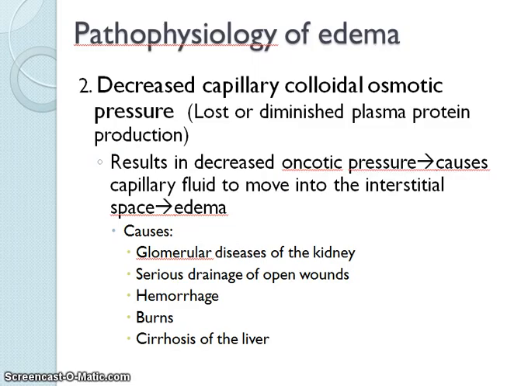We can also have edema because of decreased capillary colloid osmotic pressure. So osmotic pressure is essentially our concentration of stuff in a fluid. And when we're talking about blood and body fluid, our biggest stuff that we're worried about is our plasma protein. So if we don't have enough plasma protein levels in our circulation, then it's going to cause shifts of our fluid.